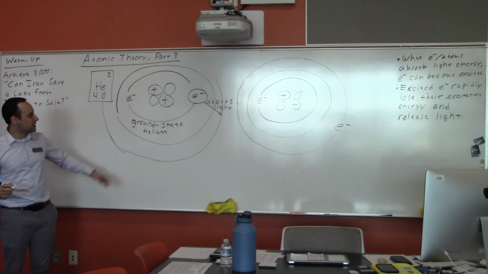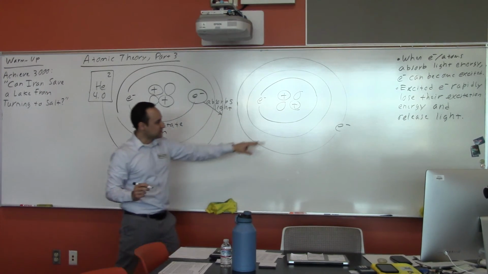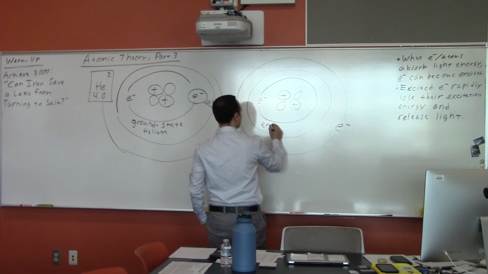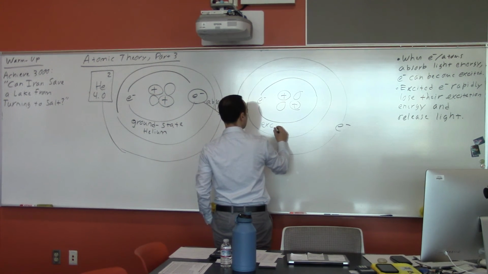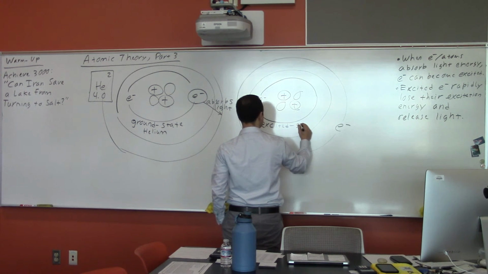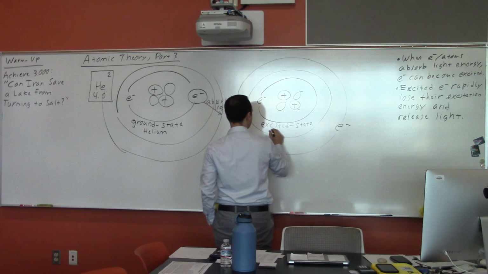Ground state helium. The electrons are not excited. But if this guy absorbs light, and this electron goes over here, now we have excited state helium.